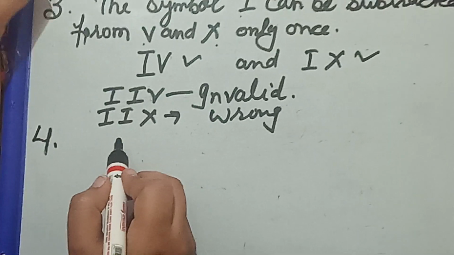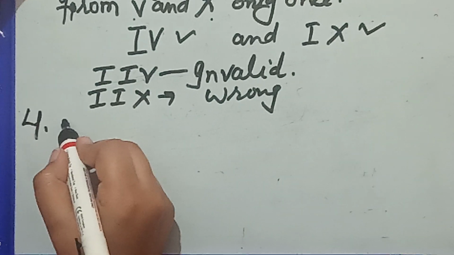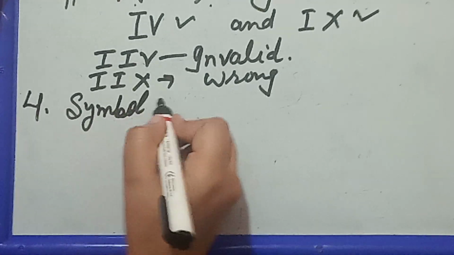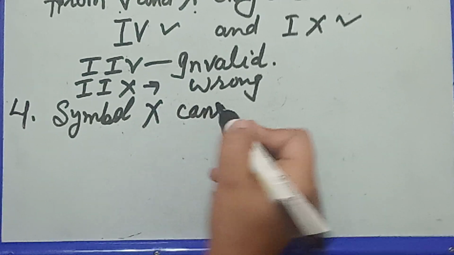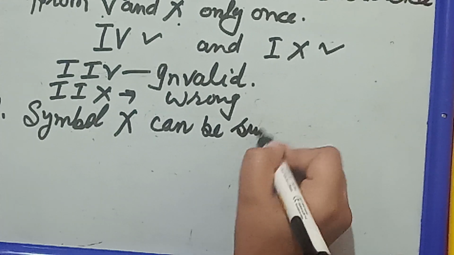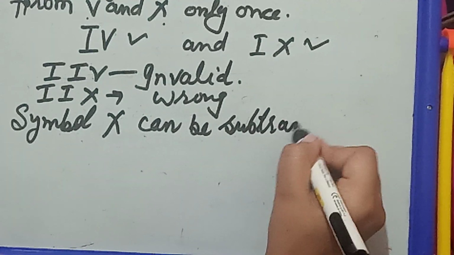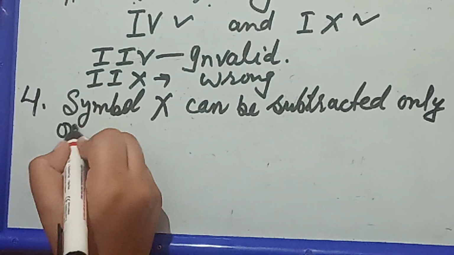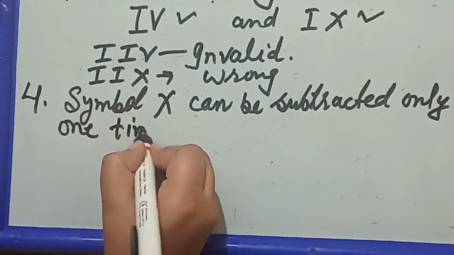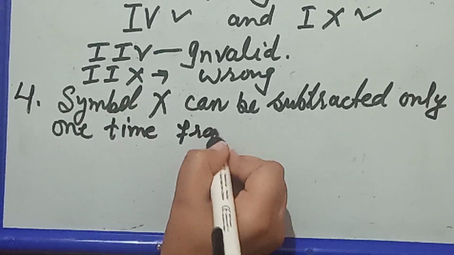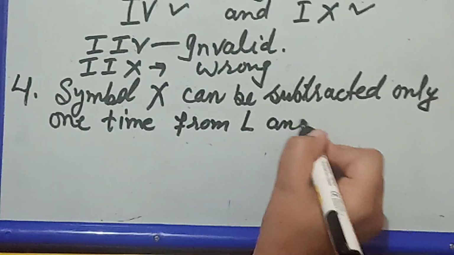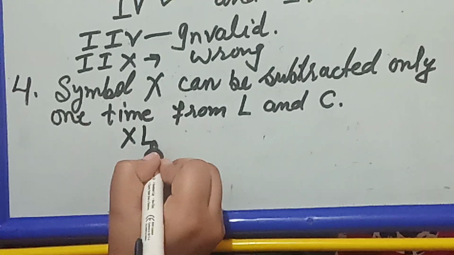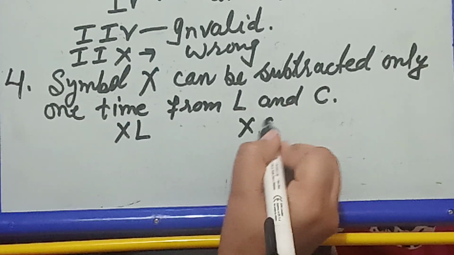Next rule is again the same. We can subtract symbol X only one time from L and C. Again, I can just write XL or XC.